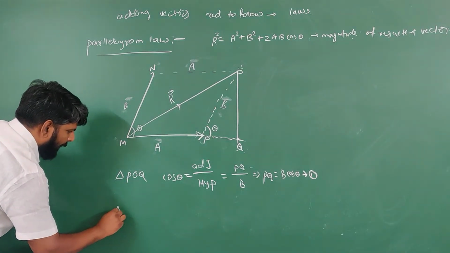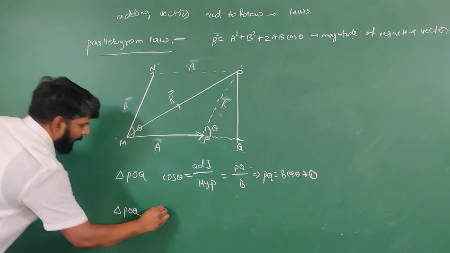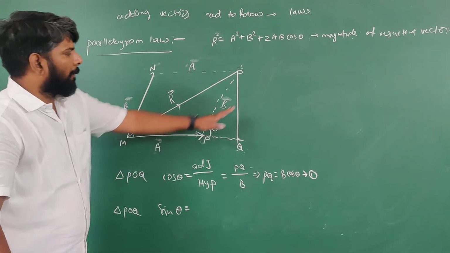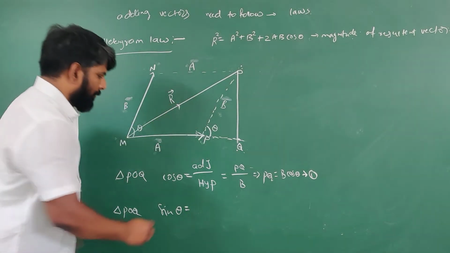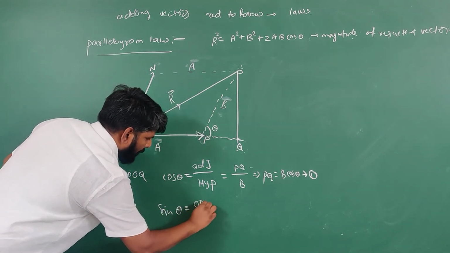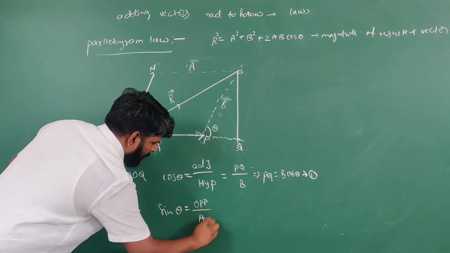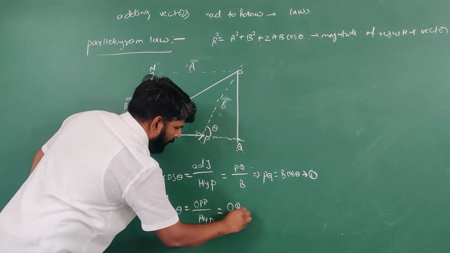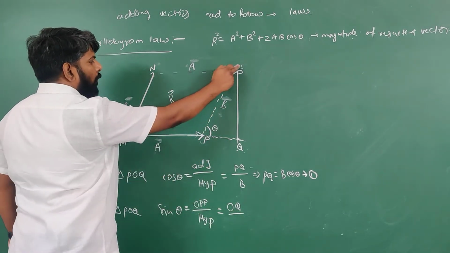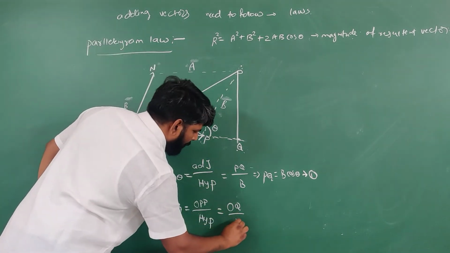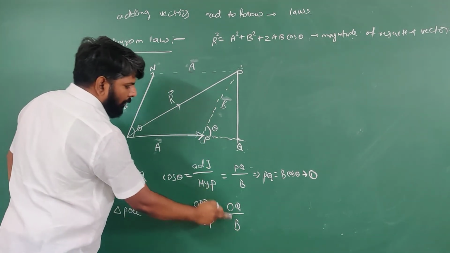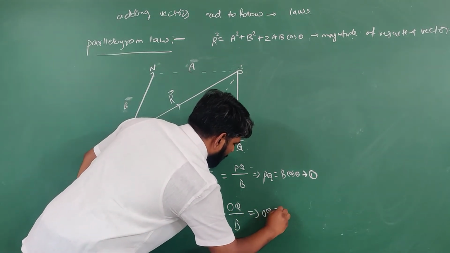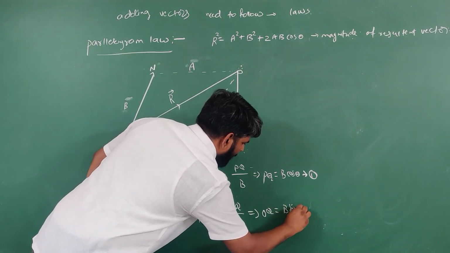From the same triangle POQ, tell me the expression for sin theta, students. Sin theta, opposite side by hypotenuse. What is the opposite side? OQ. What is the hypotenuse? PO, which is equal to B. So sin theta equal to OQ by B. That implies OQ is equal to B sin theta.